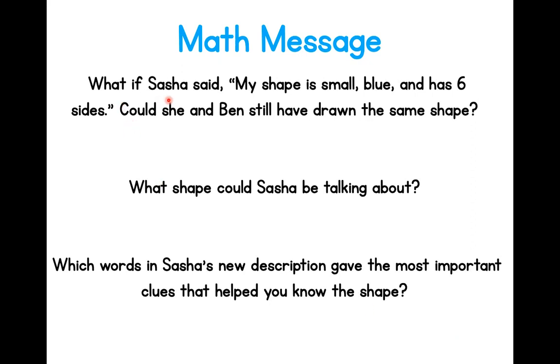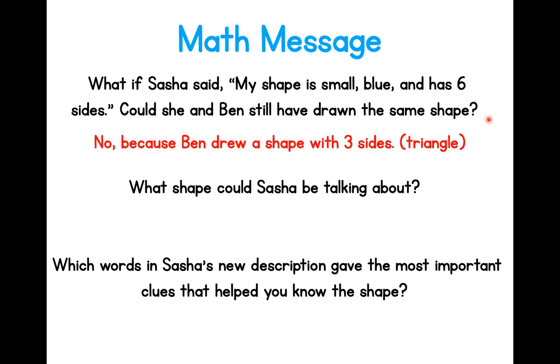Now, what if Sasha said, my shape is small, blue, and has 6 sides? Could she and Ben still have drawn the same shape? Well, no, because Ben drew a shape with 3 sides, not 6. He drew a triangle. What shape could Sasha be talking about? I wonder.